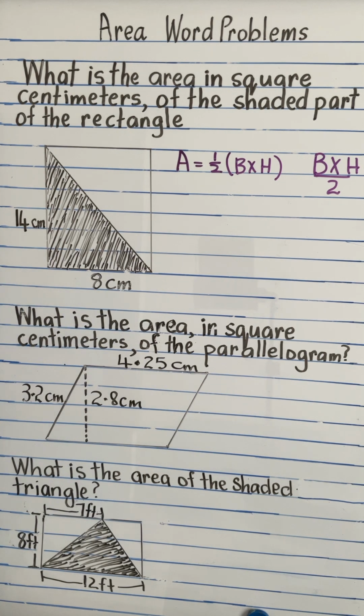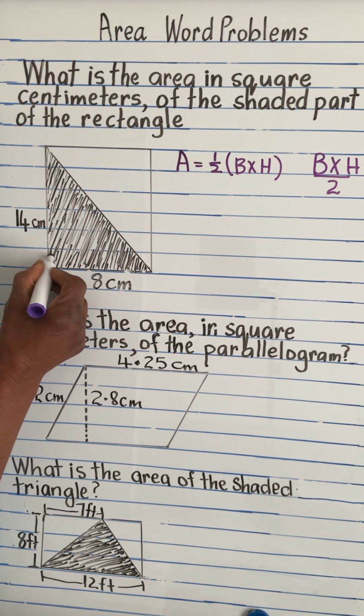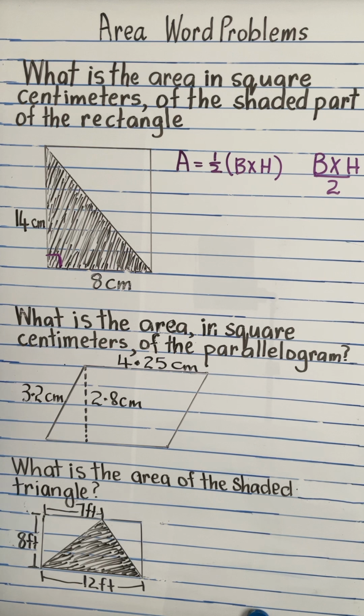And because it is a part of a rectangle, we know that a rectangle has 4 square corners, 4 right angles. And because this is a right angle, this is a straight line from the base to the top. So let's go ahead and plug in our measurements.